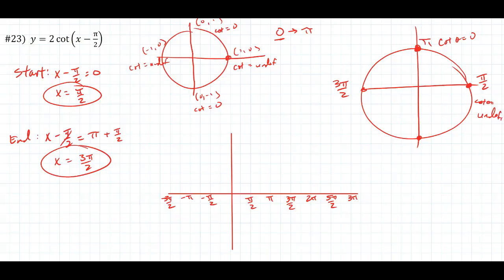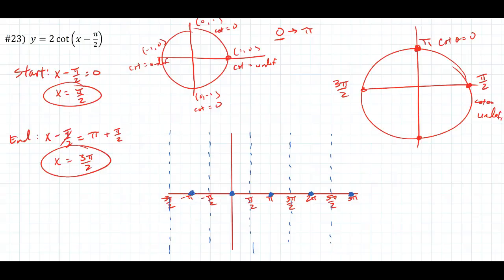So I'm going to have vertical asymptotes at pi halves, 3 pi halves, 5 pi halves, negative pi halves, negative 3 pi halves, and then we have zeros at pi, 2 pi, 3 pi, 0, negative pi.